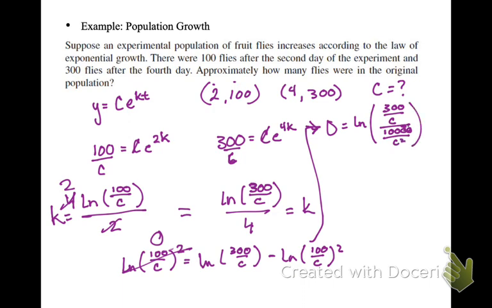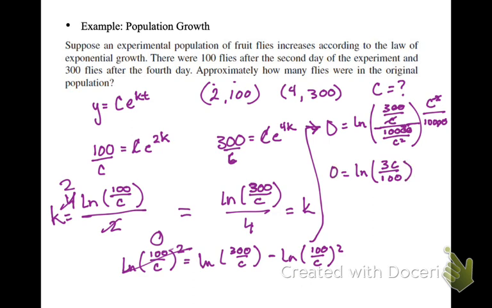Then I'd multiply by the reciprocal, so it'd be 300 over C times C squared over 10,000. The 2 zeros would cross out, and C over C squared leaves C, so 3C over 100. Yeah.